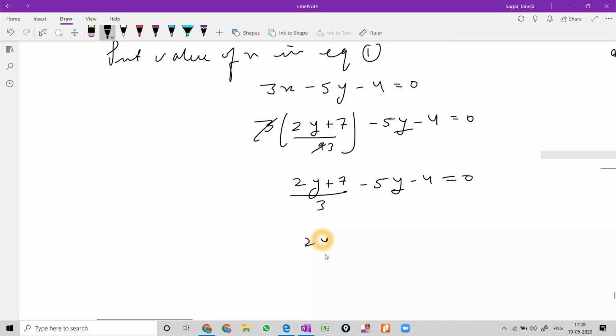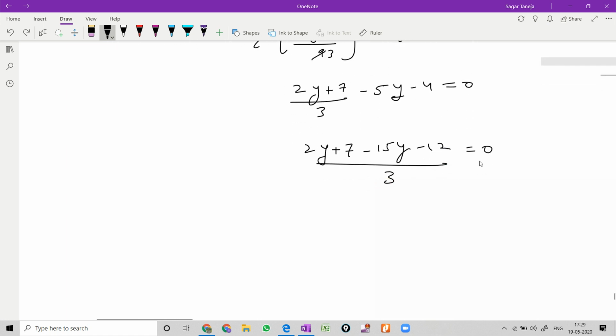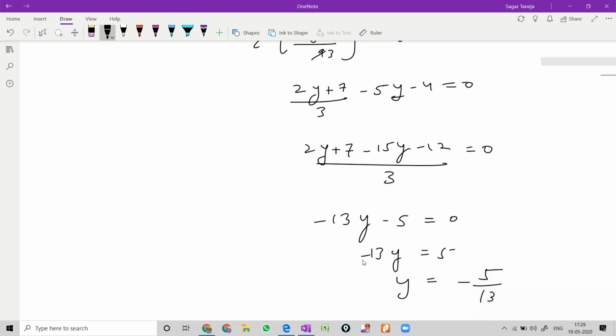Just take LCM: 2y plus 7 minus 15y minus 12 upon 3 is equal to 0. 3 will go this side, it will become multiply. 3 multiplied by 0 is obviously 0. So 2y minus 15y is minus 13y, and 7 minus 12 is minus 5, is equal to 0. So minus 13y is equal to 5, and y is equal to minus 5 by 13, because this 13 will go this side.